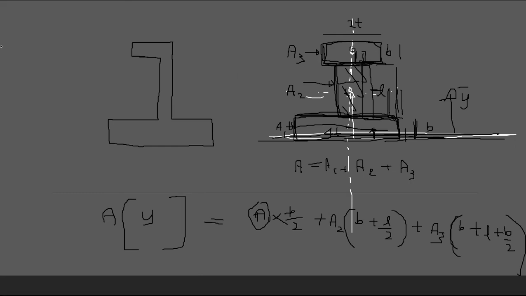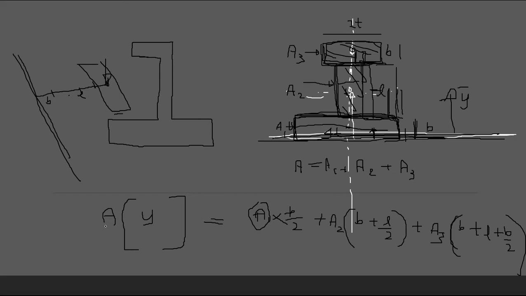If I draw it for this area, you are taking moment about this axis, it will be something like here. So for that centroid, you have B times L, with this distance being B by 2, so you have to take that whole length.